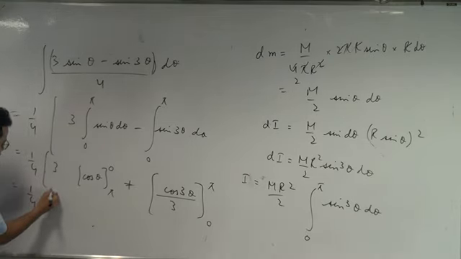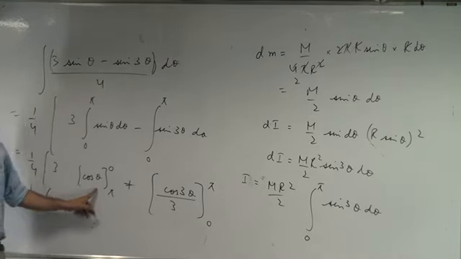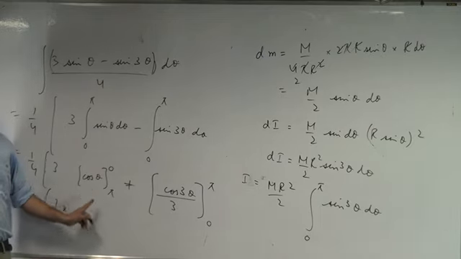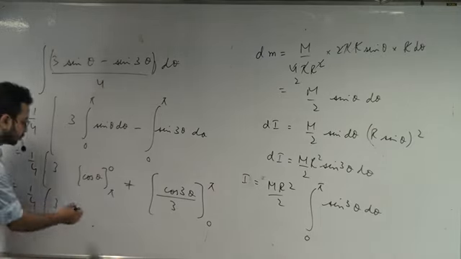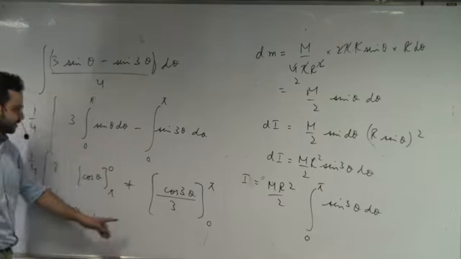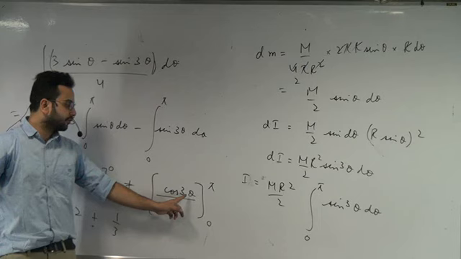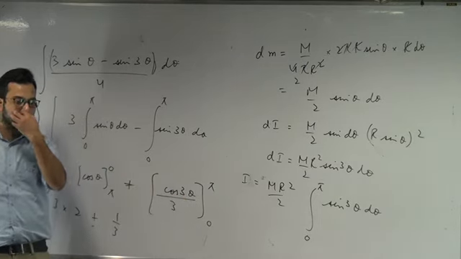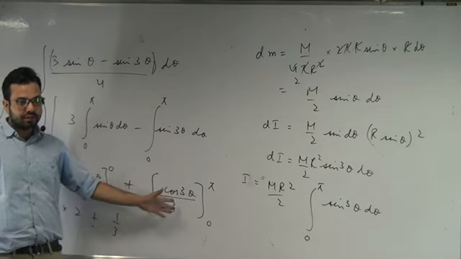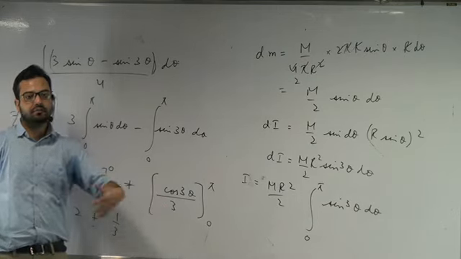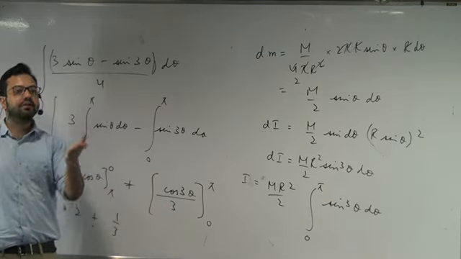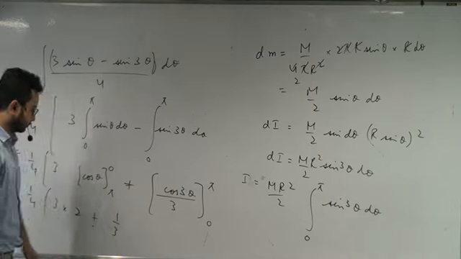So this becomes 1/4 into 3 cos 0 minus cos pi, यानी 1 minus minus 1 मतलब 2, plus this would be 1/3 तो बाहर आ गया, and then you have cos 3 pi. cos 3 pi मतलब cos pi मतलब -1 and then cos 0 would be 1, -1 मतलब -2.